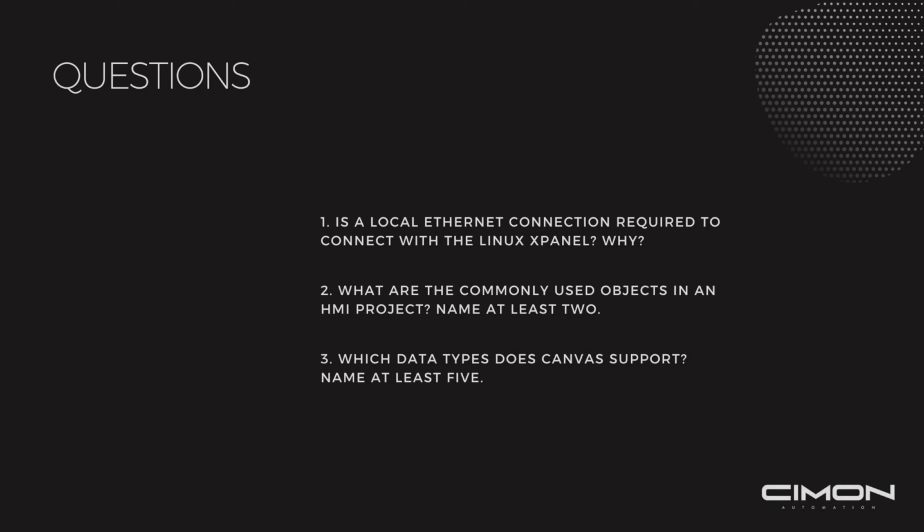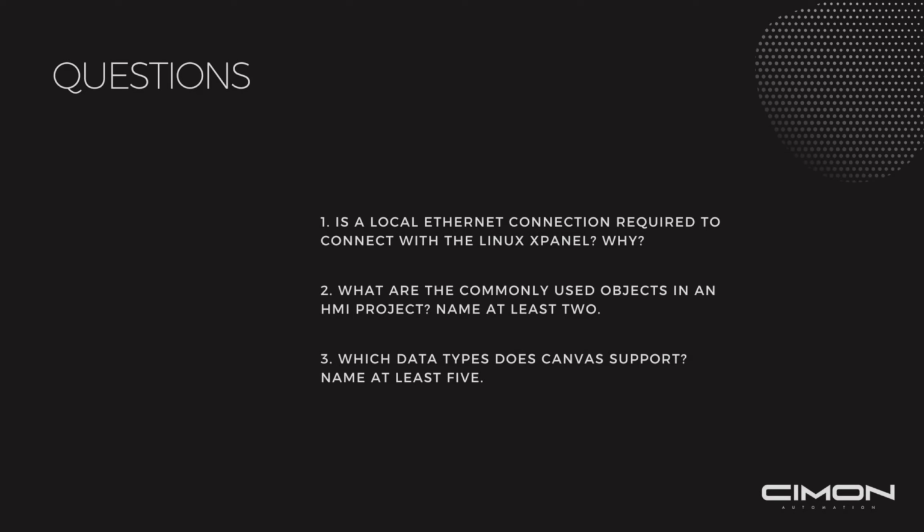I did say it would treat it as an Ethernet connection, but it's not required to be going through an Ethernet port. You can just use a normal USB port on your computer to connect to your xPanel through the USB mini B port. Also, you can download and upload projects to the HMI over a USB or an SD card if you want.